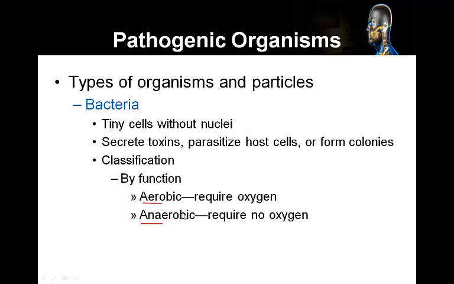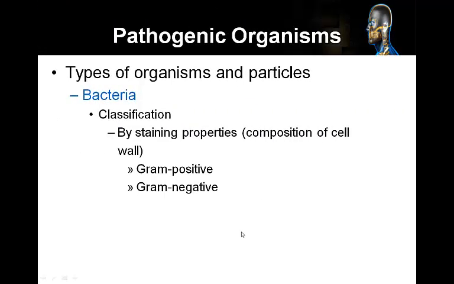There are some classifications. One type of classification might be the lack or the presence of oxygen in its ability to exist. So aerobic versus anaerobic might tell us where we'll find this organism. Anaerobic organisms will likely be in a place where there's no oxygen because they can survive with that lack of oxygen. Another type of classification, which doesn't mean a whole lot to EMS because we don't look at these things specifically, is the classification of antibiotics, which is sometimes specific to the type of staining that was used to identify it.